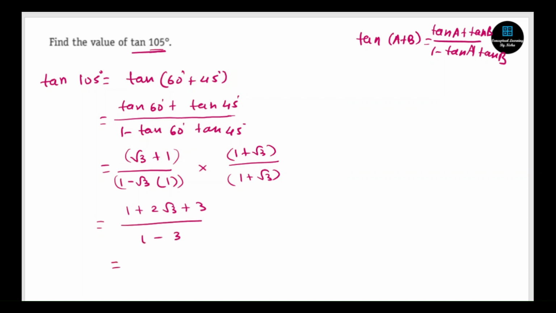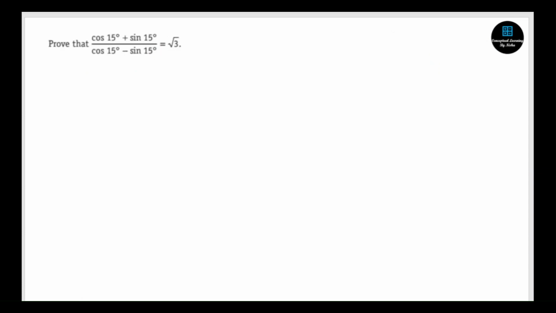So we get negative 2 in the denominator, and in the numerator 4 plus 2 root 3. So I'll write 2 plus root 3, and then I can cancel out and say minus of 2 plus root 3.